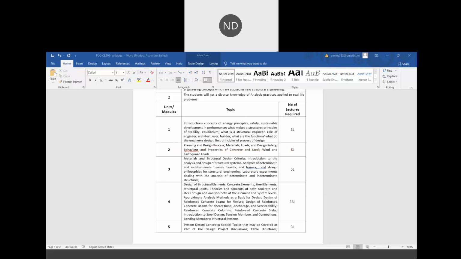Now what does a structural engineer do? A structural engineer will analyze.